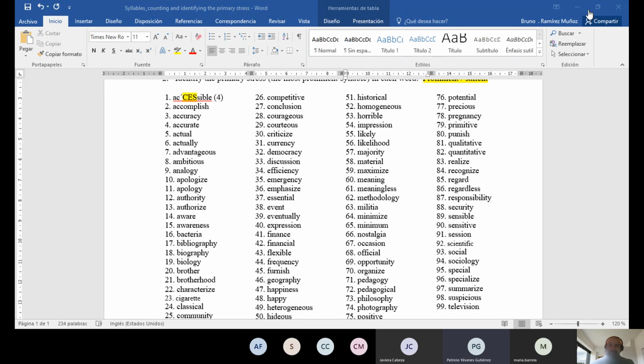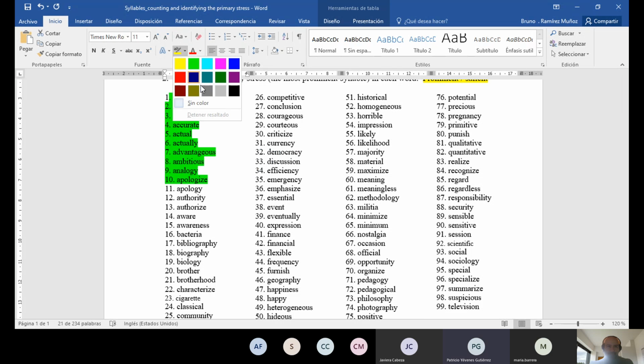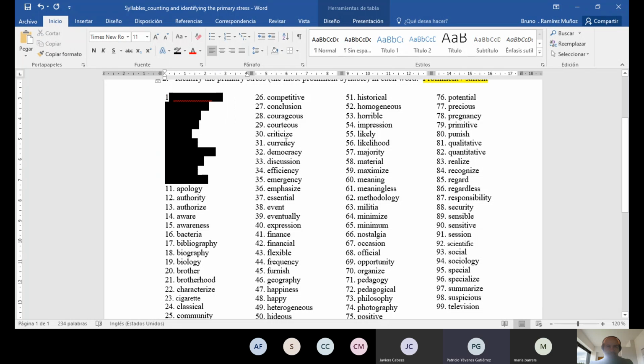They were from 1 to 10. Then competitive, which number is 26? Okay, competitive until conclusion, courageous.